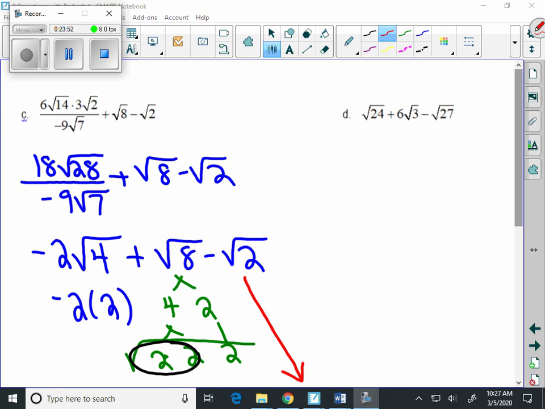So to finish, when we take a look at these expressions, it looks like there's nothing in common on letter D. Don't forget your simplifying techniques. When we look at the square root of 24, it's 4 times 6, which is 2 times 2, and 2 times 3.